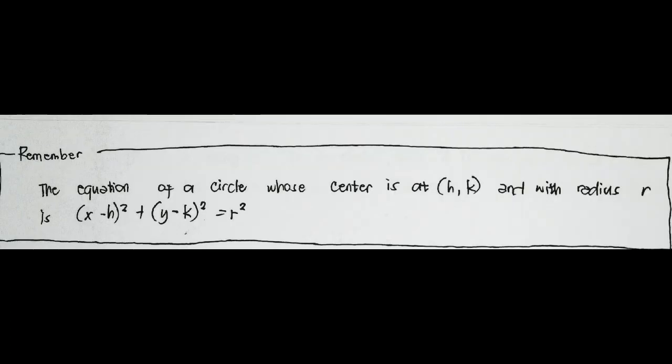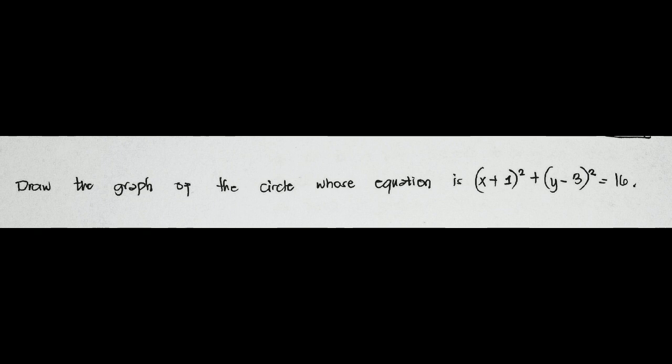Remember, the equation of a circle with center at h and k and radius r is x minus h squared plus the quantity y minus k squared is equal to r squared. And then draw the graph of the circle whose equation is the quantity x plus 1 squared plus y minus 3 squared is equal to 16.